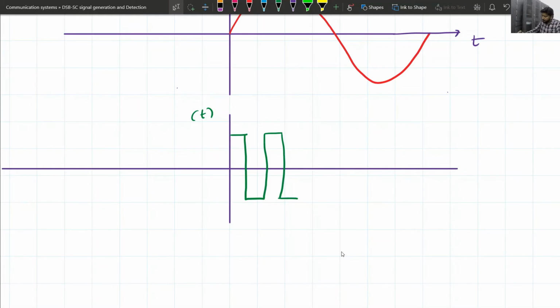Let me draw a rough plot, taking it as a square wave.